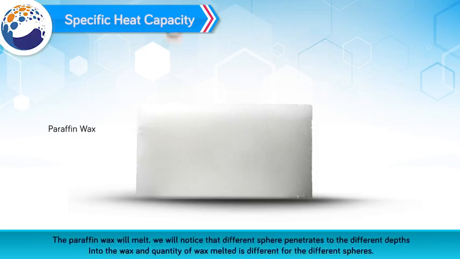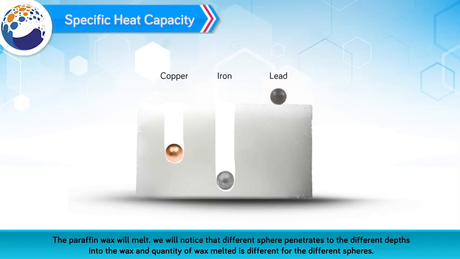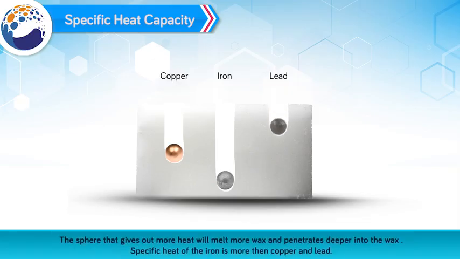The paraffin wax will melt, but we will notice that different spheres penetrate to different depths into the wax, and the quantity of wax melted is different for different spheres. The sphere that gives out more heat will melt more wax and will penetrate deeper into the wax.